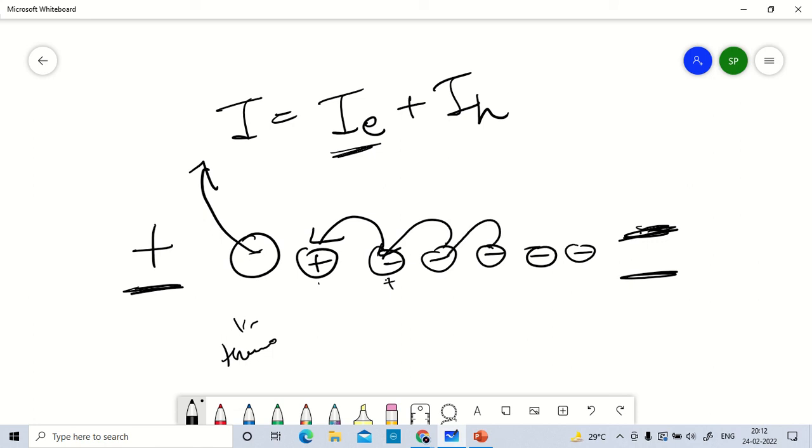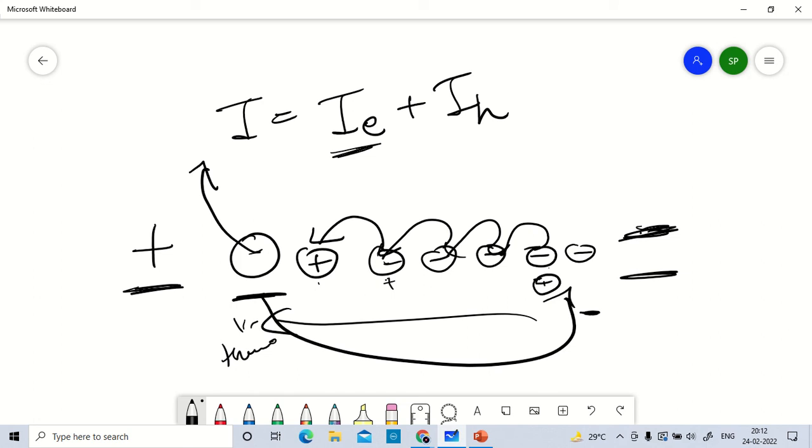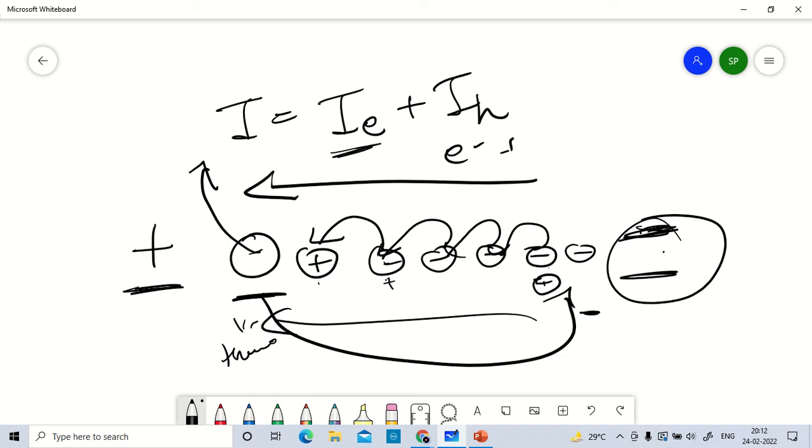Once it took this place, then here, then here. So finally a hole was created here. So what is happening? The electrons are moving in this direction. As the electrons are moving, they are leaving holes and occupying the other hole. So now the hole which was earlier over here has come over here towards the negative potential. So we will say that the electron is moving towards positive potential, whereas the hole is moving towards negative potential.